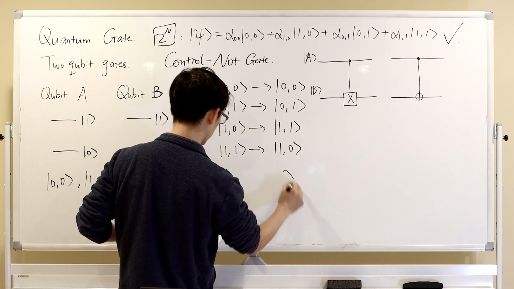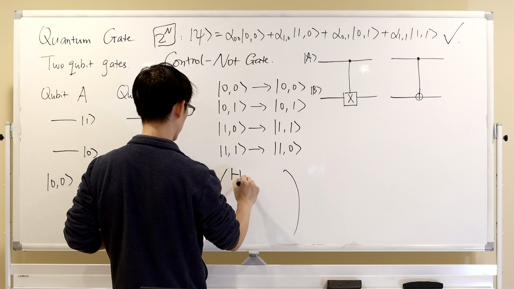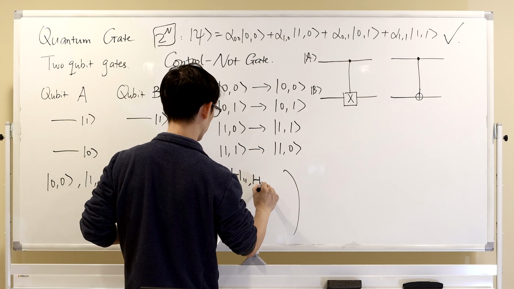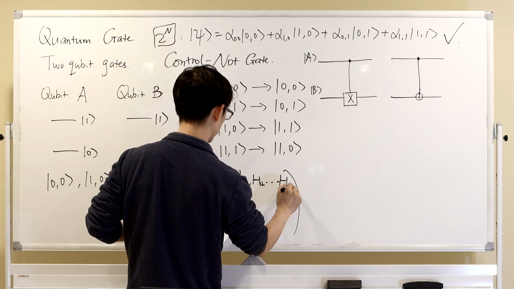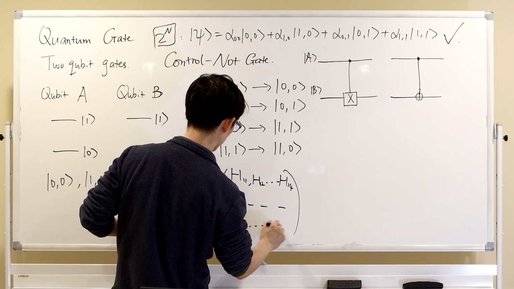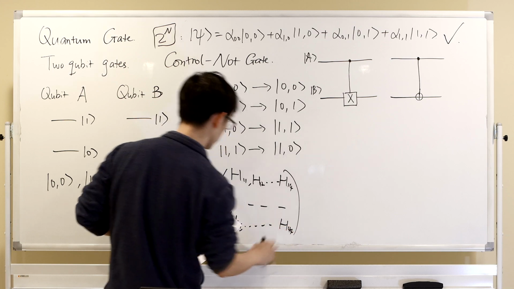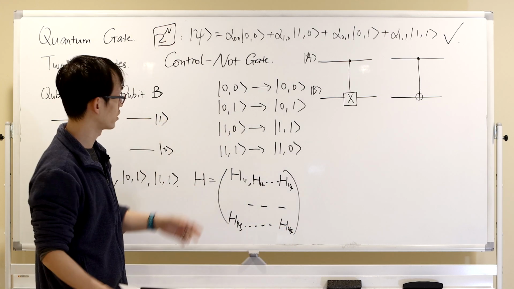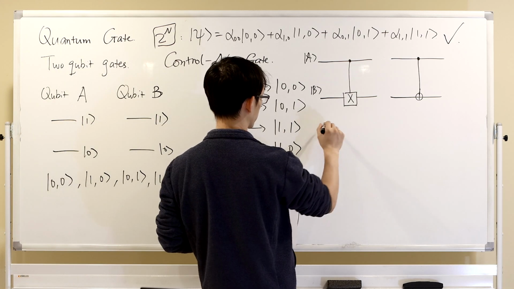So here what you would do is define the matrix elements H11, H12, keep going to H14, and then H41, all the way down to H44. The rest is kind of tedious, but I would just show you the definition.